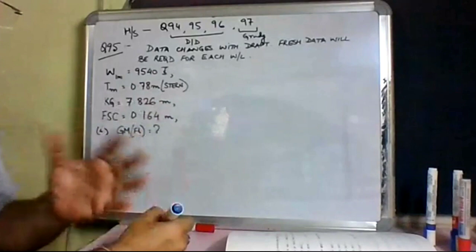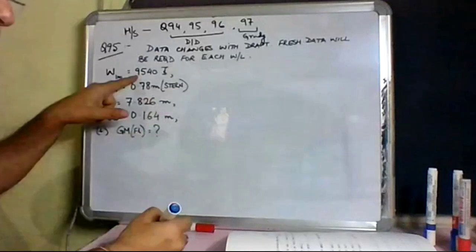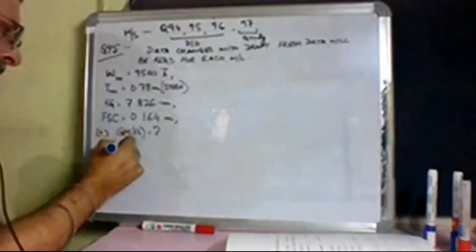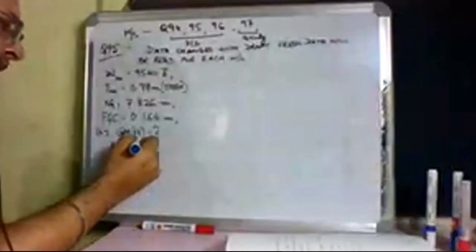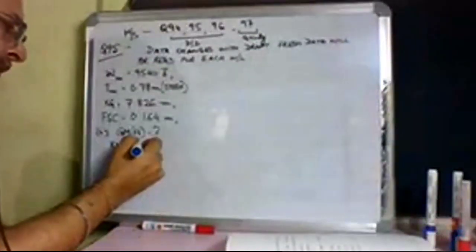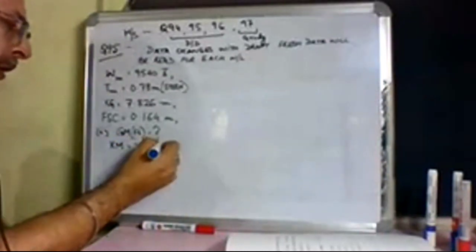So basically, मुझे इस डिस्प्लेसमेंट की KM चाहिए. For this displacement, I'm picking up the value from the book.